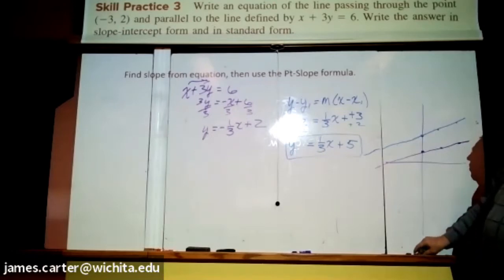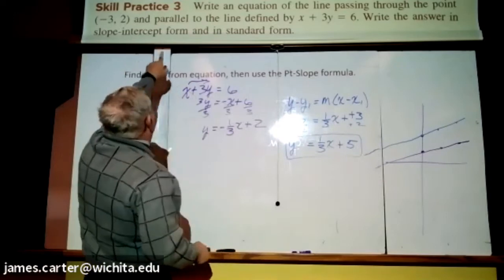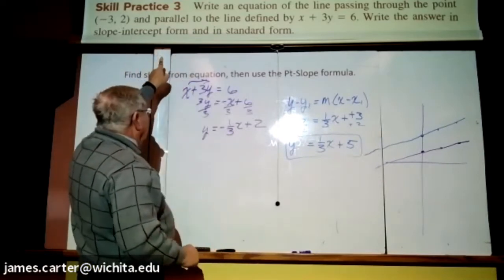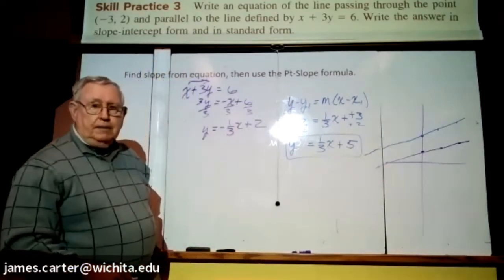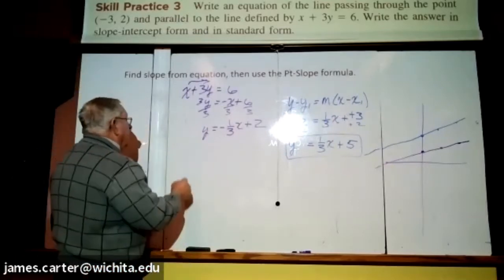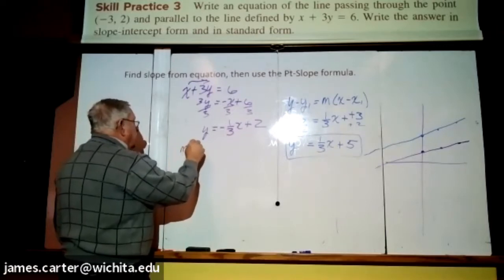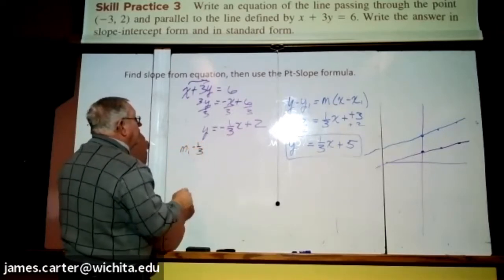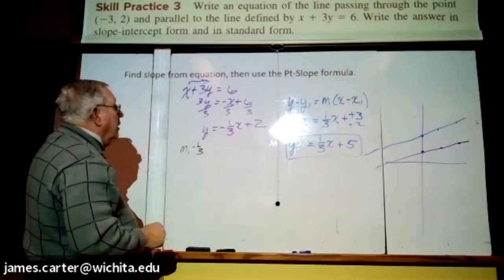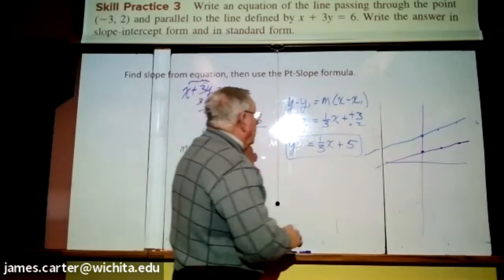Now, let's do one more on this particular problem. Let's change this word from parallel to perpendicular. Now we're going to find the perpendicular. So if our first slope is -1/3, you know what? I made a mistake altogether.